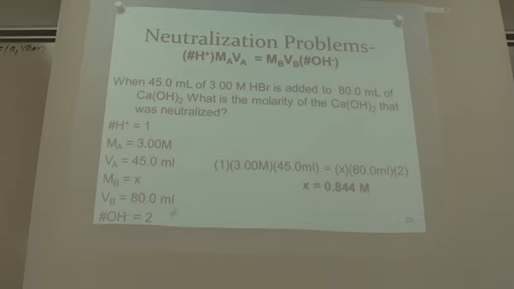In these titration neutralization problems, you may use milliliters. The volume of the base is 80 milliliters. Calcium hydroxide dissociates into a calcium ion and 2 hydroxide ions. So the number of hydroxide ions is 2.